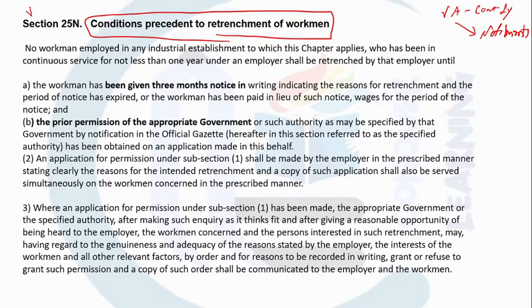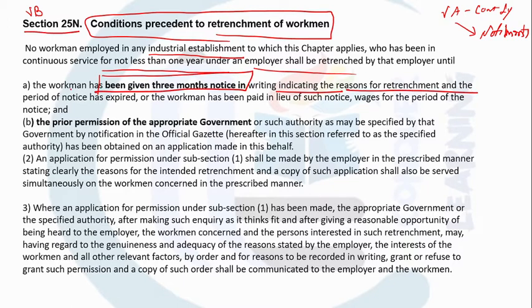Whereas in chapter number 5B, under section 25N, any workman in any industrial establishment who has been in continuous service for not less than 1 year, if the employer is planning to retrench that person, the notice has to be given at least 3 months in writing, indicating the reasons for the retrenchment, or the period of the notice has expired, or the workman.